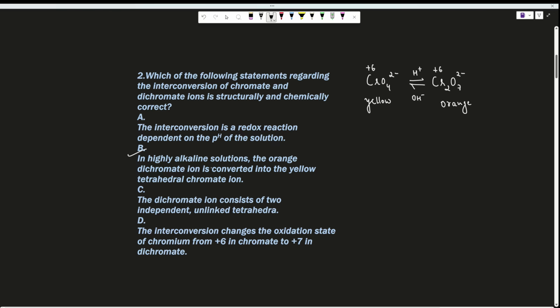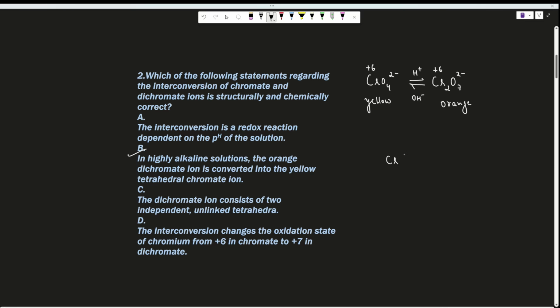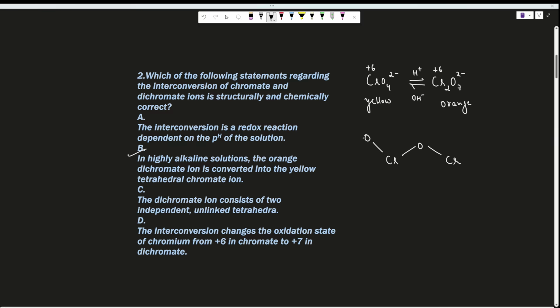Yes, that is correct. Then, dichromate ion consists of two independent unlinked tetrahedra. No, it is linked, right? In dichromate, you will have it like this. Two chromium atoms are linked by one oxygen and the remaining oxygens are here, O minus, O minus, and the remaining ones are with double bonds.